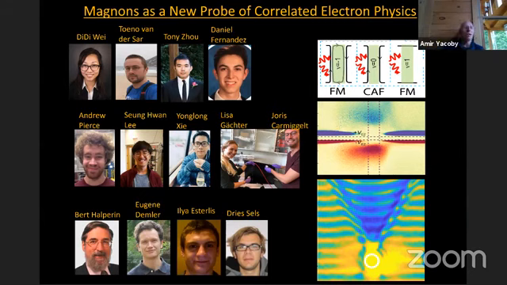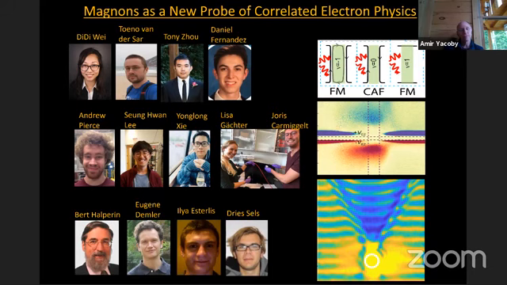So this is a big advantage because it means that we can choose wave vectors over a very broad range of values without actually needing to go to very large frequencies, which is problematic, as we talked about for the NV centers.